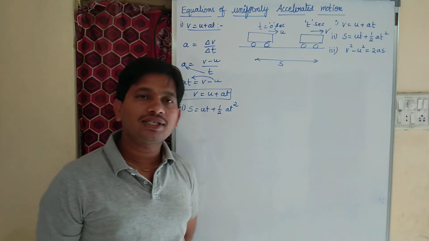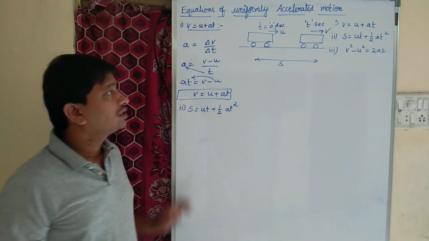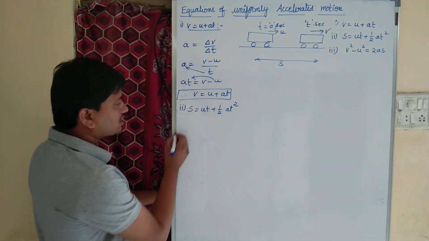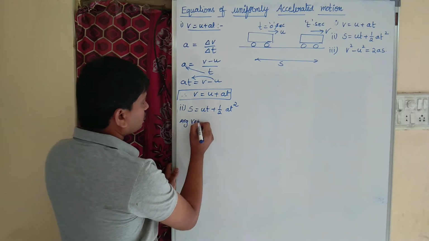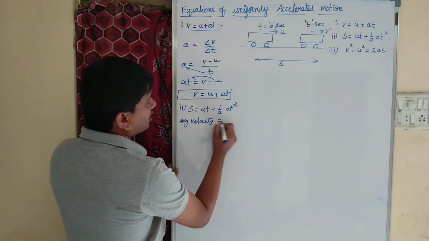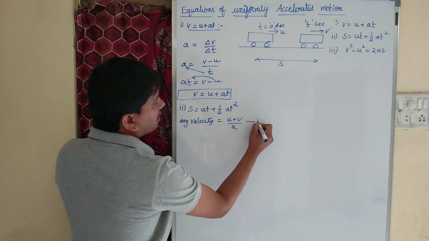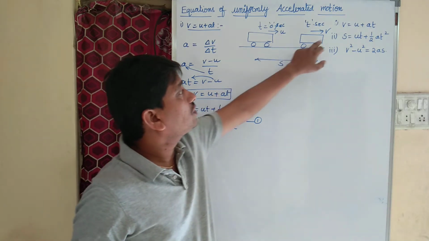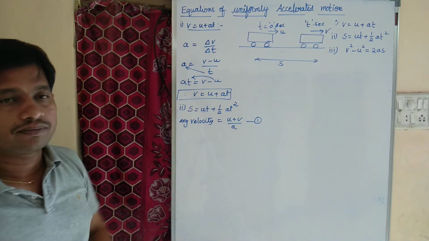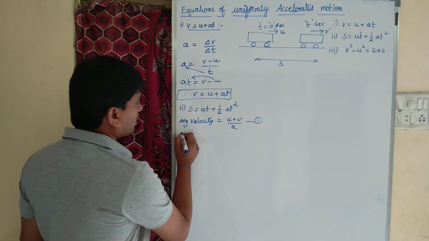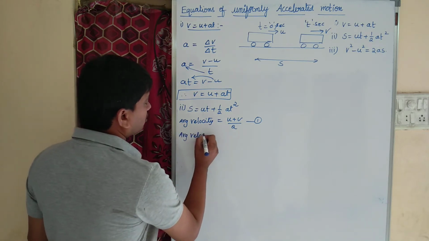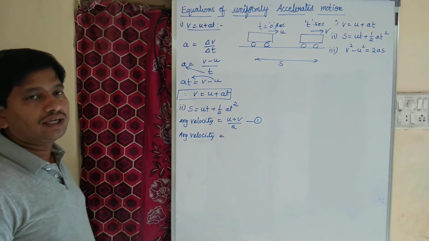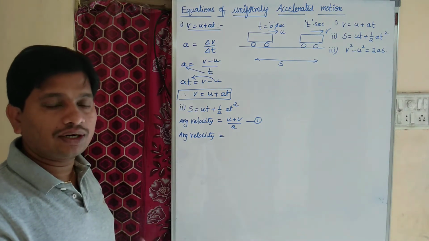As we know, what is average velocity? We have initial velocity u and final velocity v. So average velocity is nothing but initial velocity plus final velocity by 2. Sum of observations by number of observations. We have two observations, one is u and the other one is v. So u plus v by 2. Also we know that velocity is nothing but distance travelled in a particular direction to the time taken.